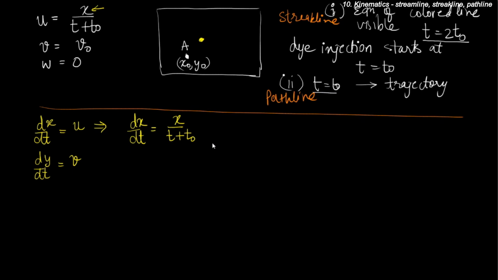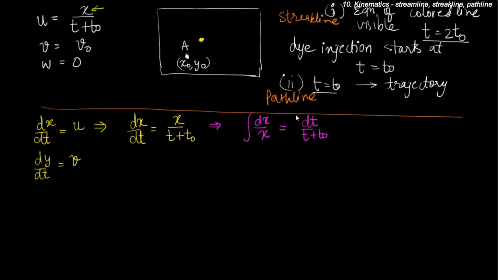Let us not worry about t naught because it is a constant. Before integrating, let me rearrange. This gives dx upon x equal to dt upon t plus t naught.